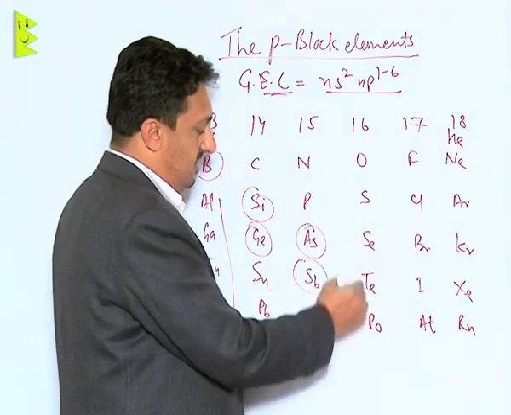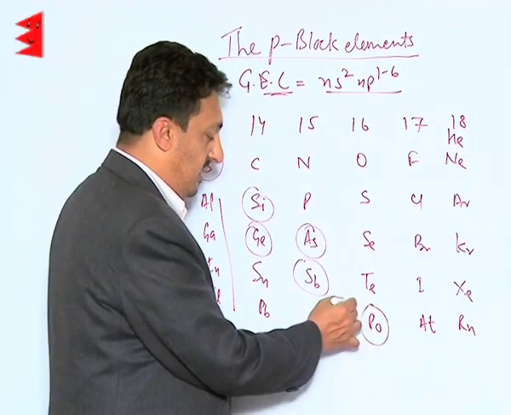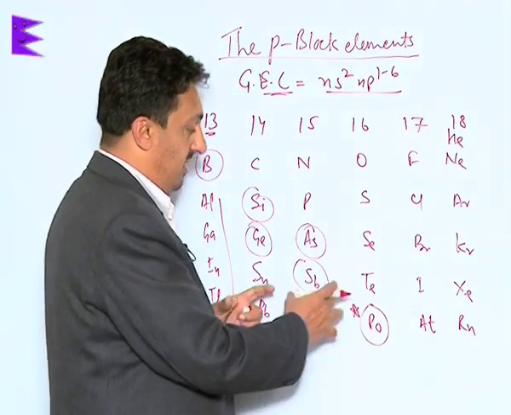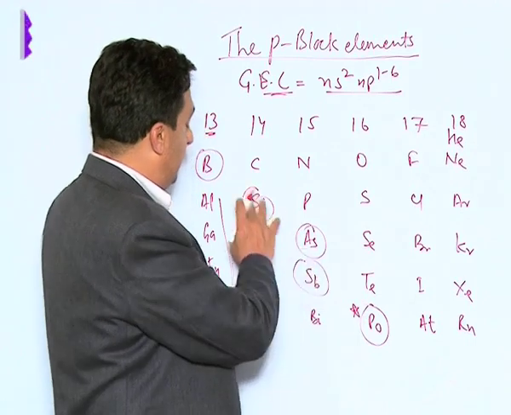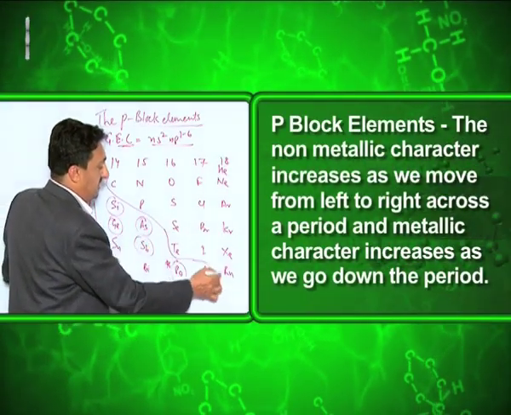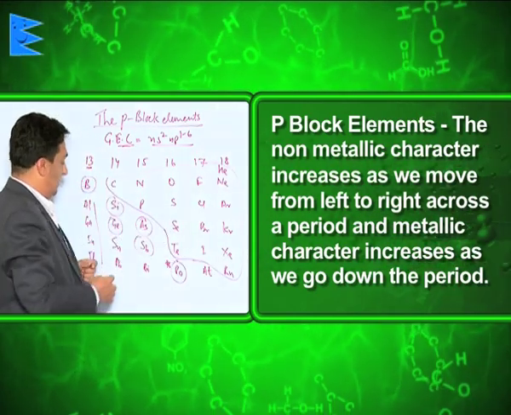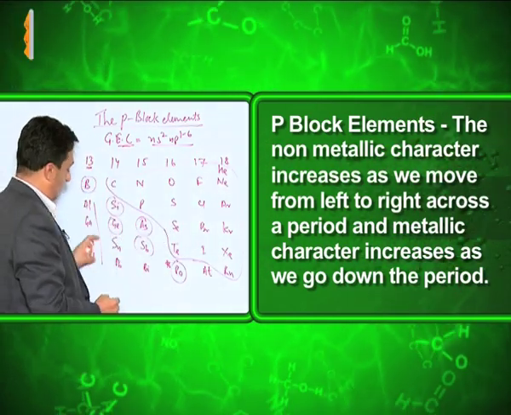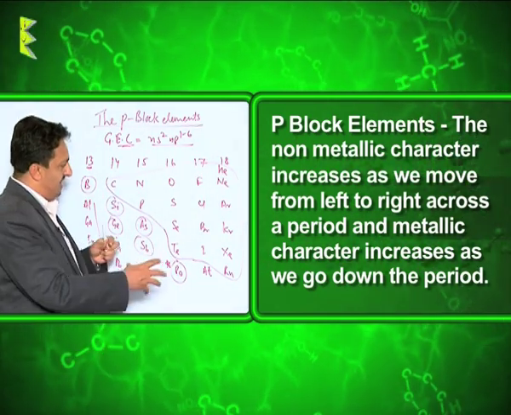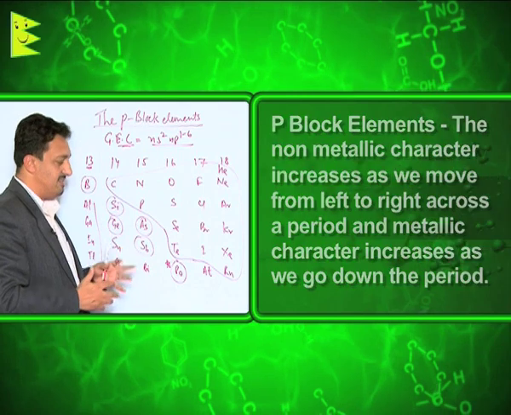In group 16, polonium, though it is radioactive and we don't study it in detail, is a metalloid. These are the non-metals we have in the block. The circled ones are your metalloids, and the left out ones on the bottom sides are the metals.